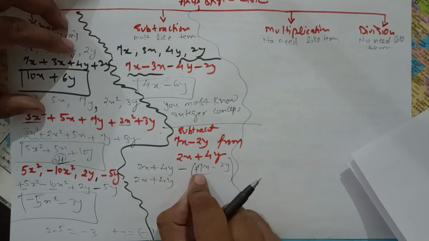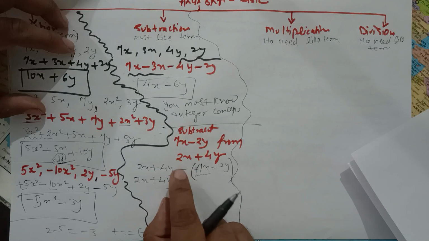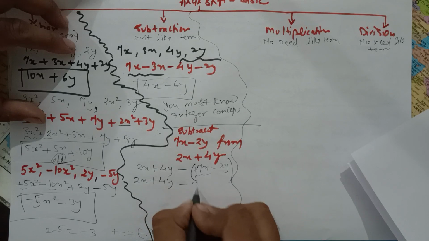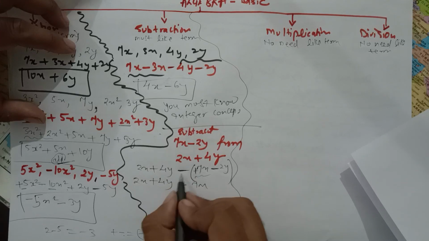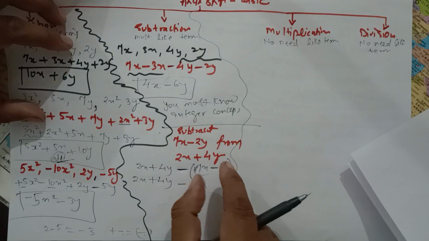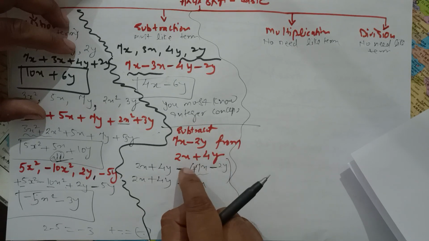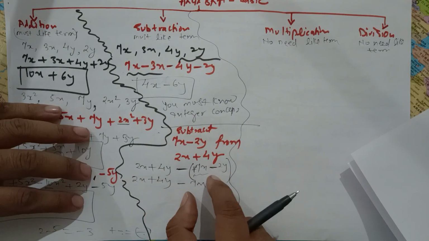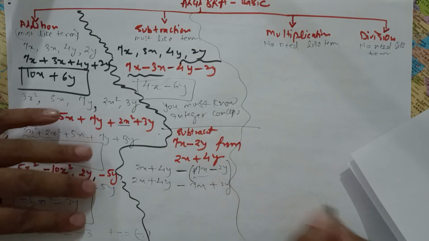Now 7x has plus, but outside the bracket it is minus. This minus will change the sign of plus 7x, so plus will become minus 7x, and this minus will become plus because outside the bracket there is a minus. The sign of each term inside automatically changes. So it will become plus 2y.